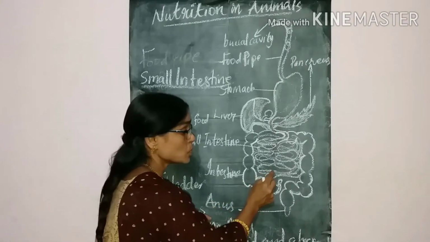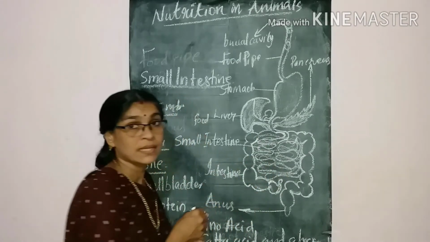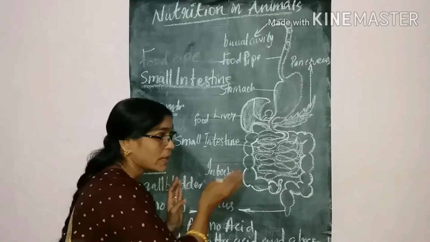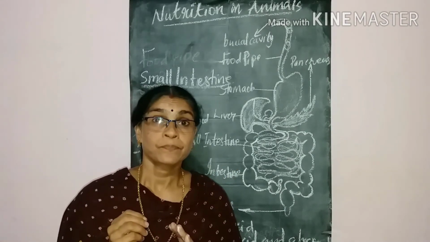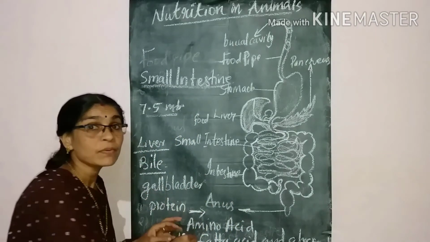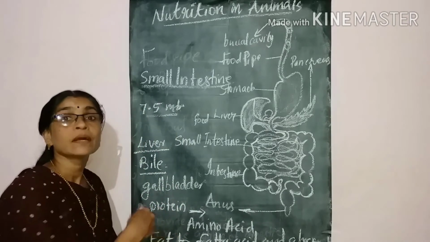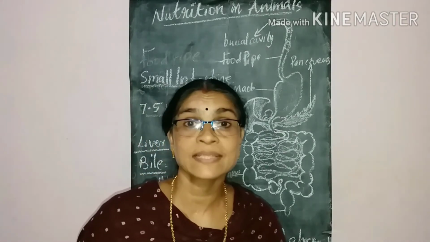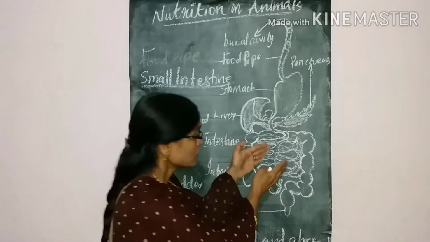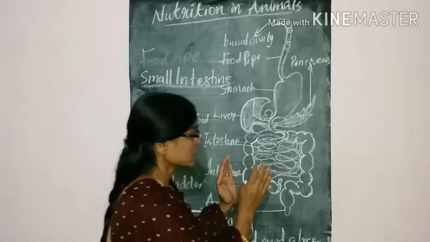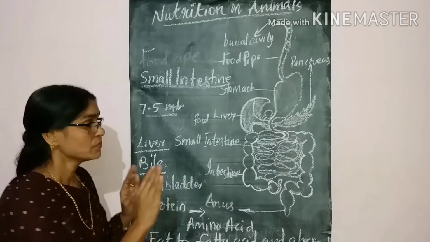This is the last portion of digestion, where with the help of intestinal juices all carbohydrates are converted into the simple molecule glucose, fat into simple molecules like fatty acid and glycerol, and protein into simple molecules like amino acids. Digestion will be over.